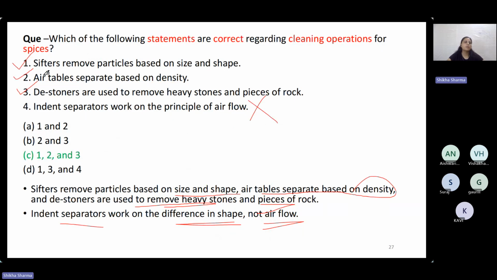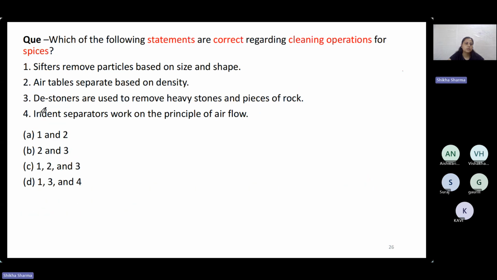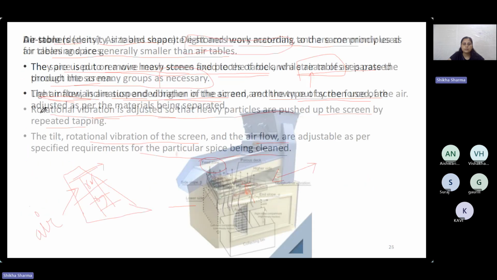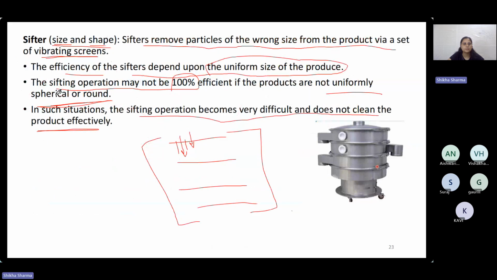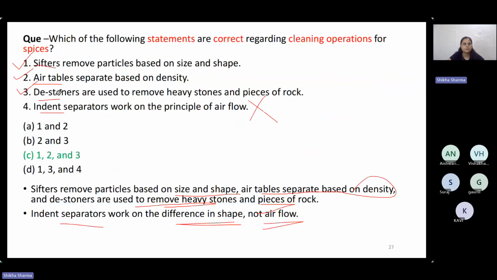So does anyone have any doubt regarding the working of these sifters, air tables, destoners, indent separators, or magnetic separator? If you have any doubt, please feel free to ask.